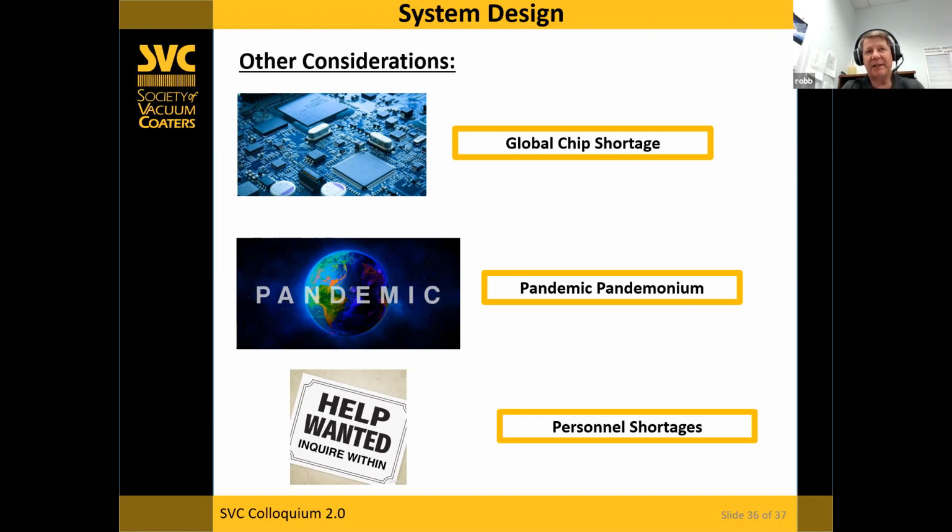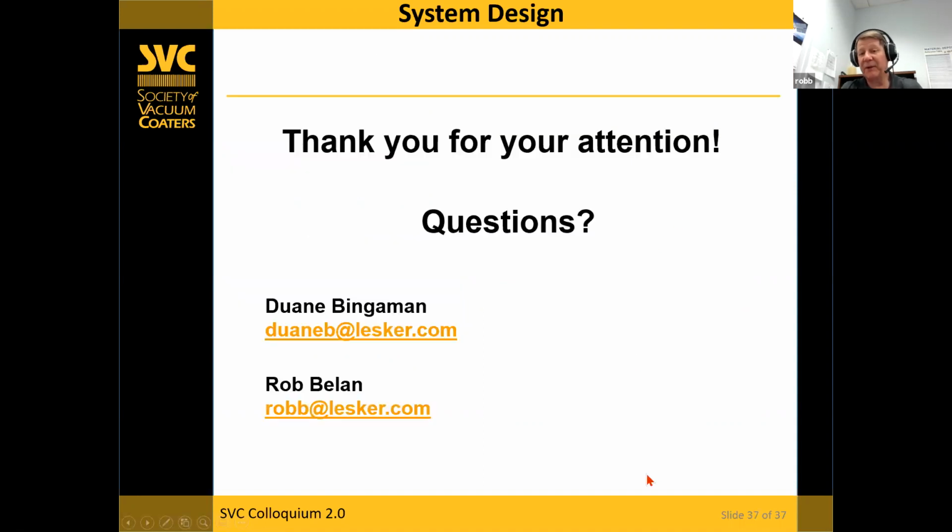So all these things combine to affect deliveries, and unfortunately, deliveries are a lot longer than they used to be. Any comment on that, Duane? Not really. I mean, yeah, things are a little tight at the moment. Hopefully that eases over time.